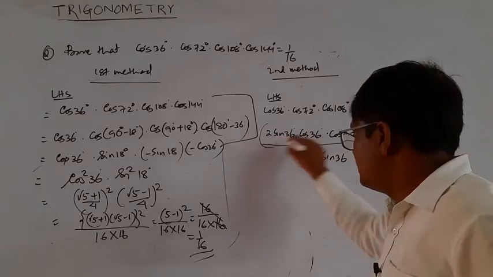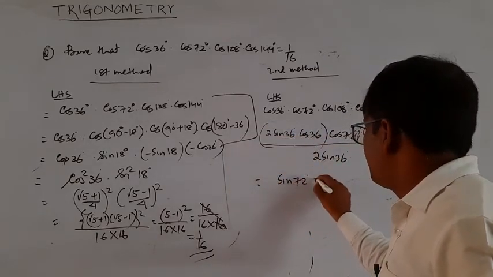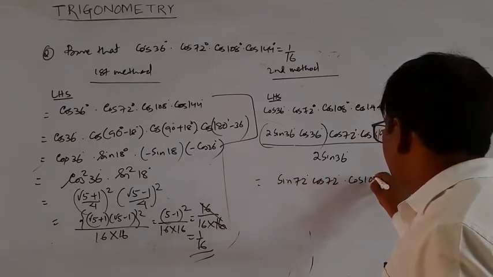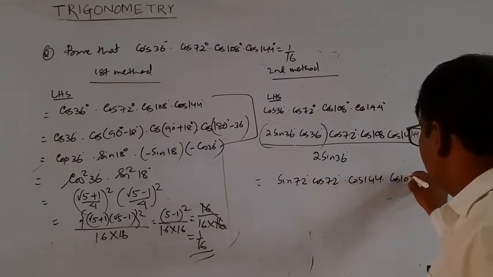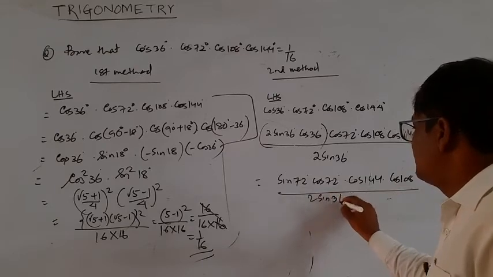So this is sin 72. Sin 72 into cos 72 into cos 144 into cos 108 divided by 2 sin 36 degree.